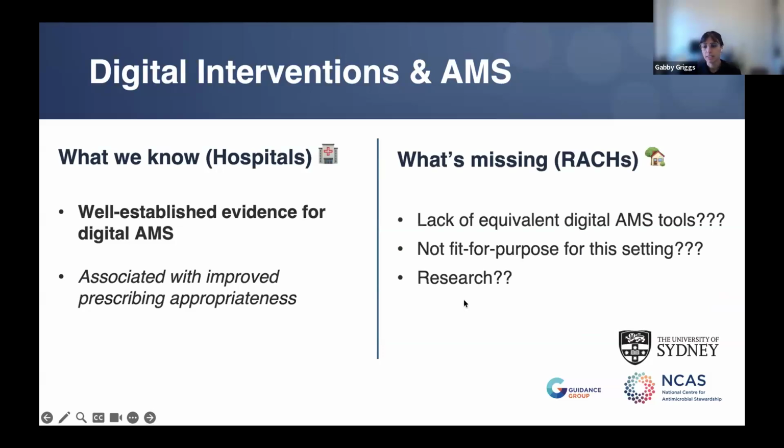Aged care has a unique resident population, different prescribing patterns, and often far more limited access to on-site clinical expertise. And when it comes to digital interventions, what exists, whether it works, and whether it's even fit for purpose, well, this links to the first stage of the human-centered design, understanding the context, and that's exactly what our scoping review set out to do.